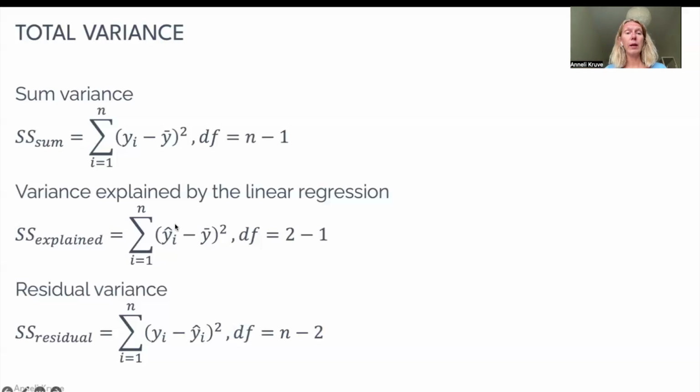The linear regression will explain everything of the total variance, and the explained variance and the sum variance will be the same. However, in practice, there are two sources of residual variance: the experimental source, and the lack of fit, meaning that the linear regression might not ideally describe the relationship between the signal and the concentration.